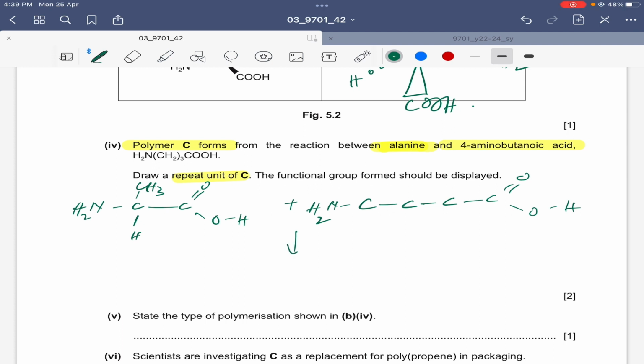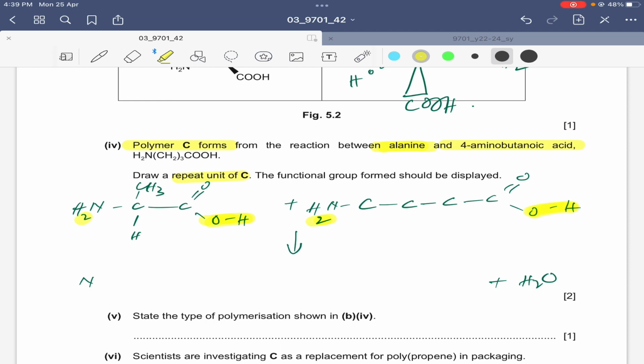So a condensation reaction would occur. This carboxylic acid would lose OH, and the amine would lose one of its hydrogens, so it becomes H2O.